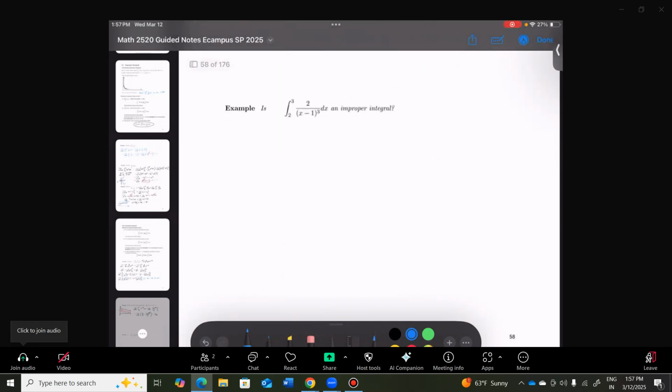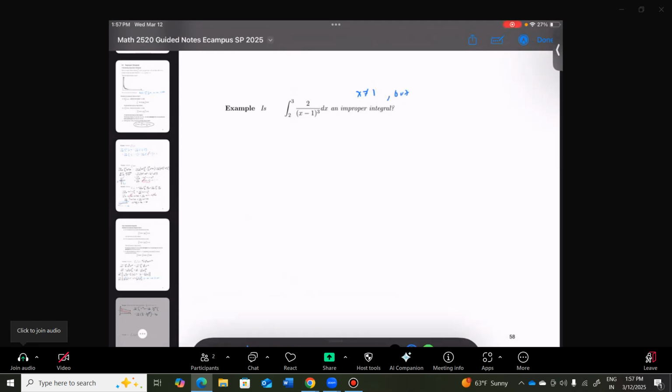Last problem: we want to know, is the integral from 2 to 3 of 2 over (x minus 1) cubed an improper integral? Right, so x cannot equal 1. That's what the discontinuity is. But 1 is not in the region from 2 to 3. So there does not exist a discontinuity from 2 to 3.